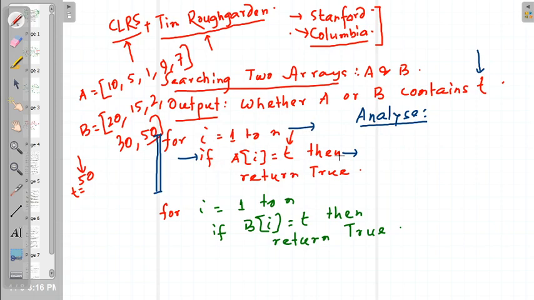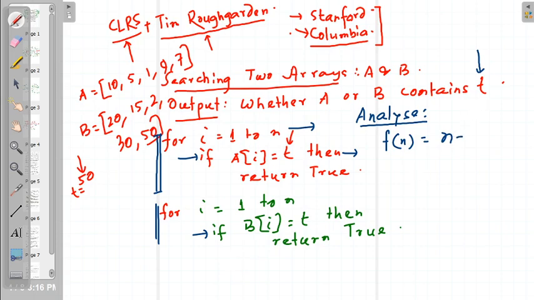But in this case we are seeing that A[i] equal to T is our target point. How many comparisons happen in this for loop? I can say n. So in terms of number of comparisons, this is n, and here also n.